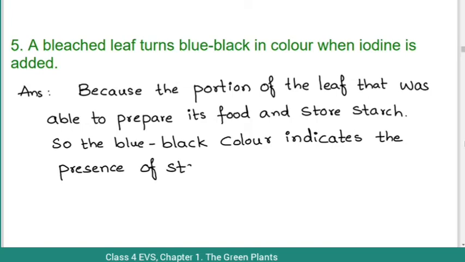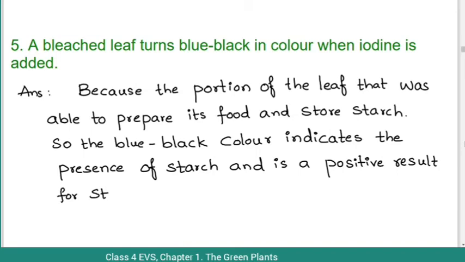Because the portion of the leaf that was able to prepare its food and store starch. So the blue-black color indicates the presence of starch and is a positive result for the starch test.